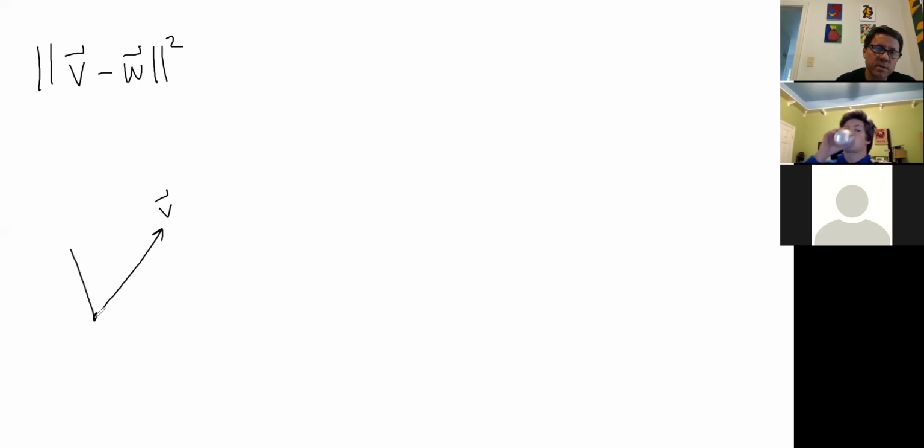Well, it's sort of playing around. Let's see. This is V, and suppose that this is W, and I want to know what the vector V minus W is in this picture.